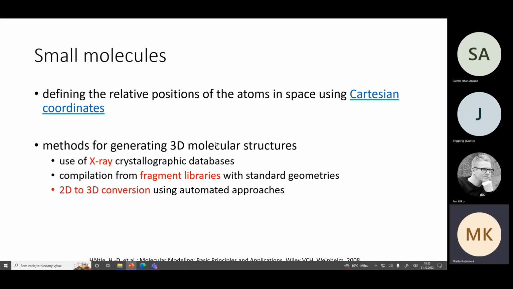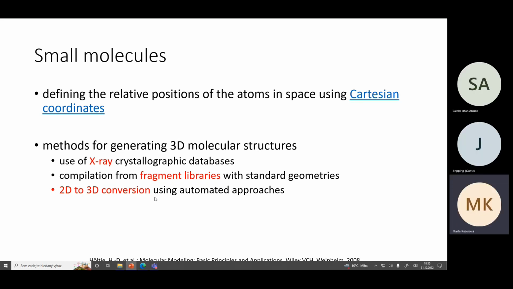For small molecules, we can also generate the 3D data. Apart from X-ray crystallography, we can use some software, for example, for conversion of 2D data of molecules into 3D shape using some automatic approaches, or we can use fragment libraries to create the geometries of the whole molecule.